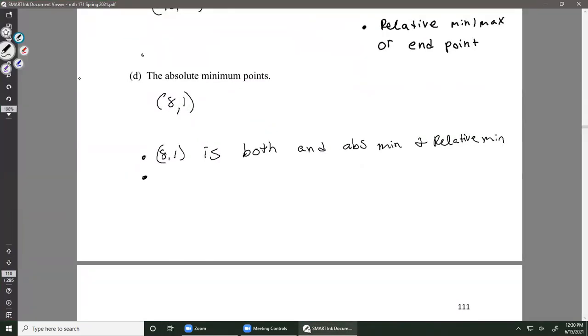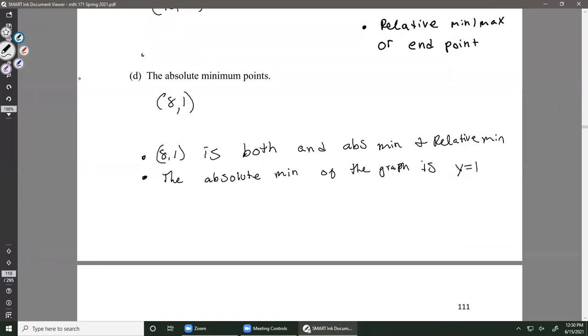Is that the absolute min of the graph is y equal to 1.